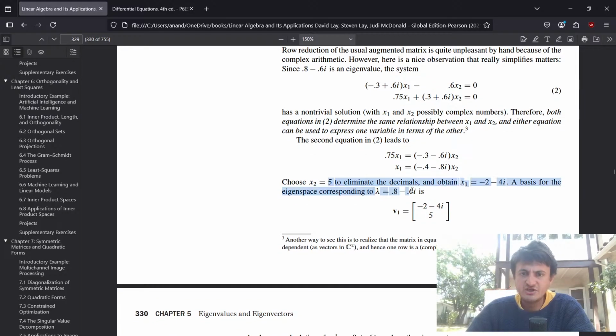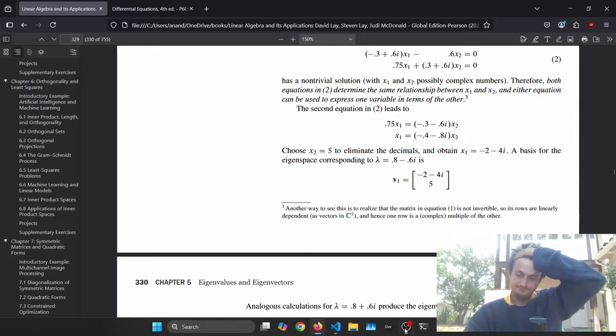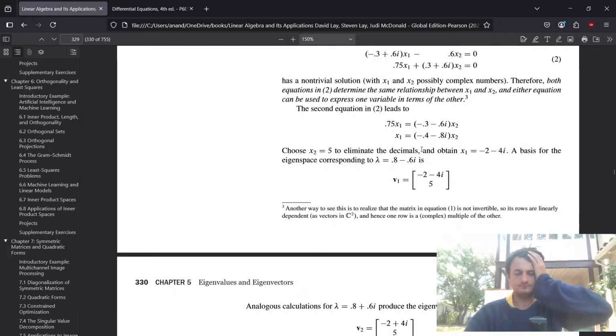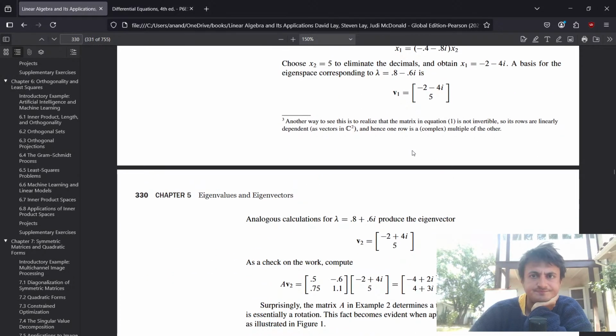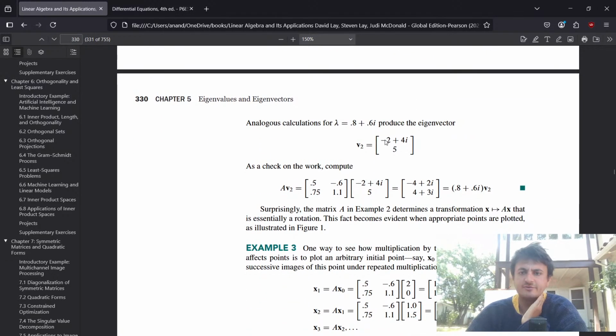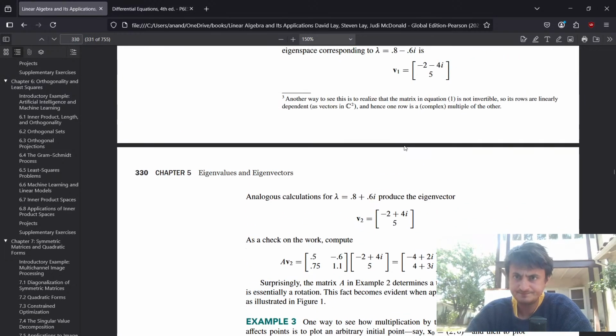Choosing x2 equal to 5, we get a basis for the eigenspace. And then we do the other one.